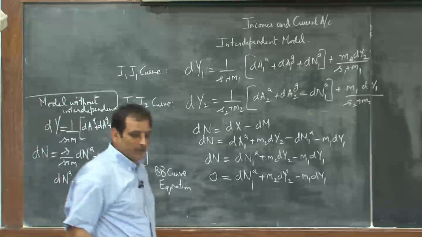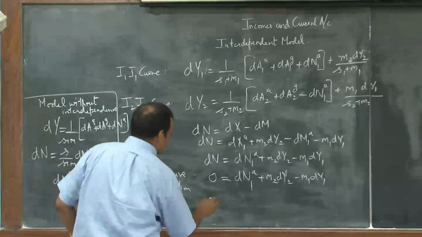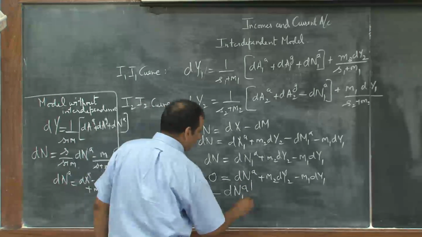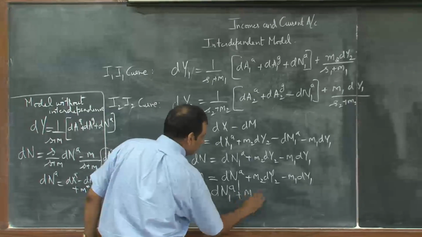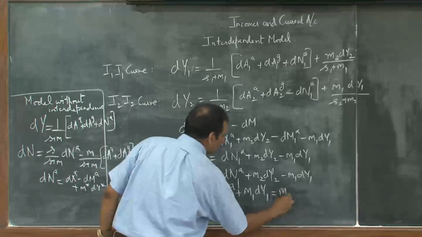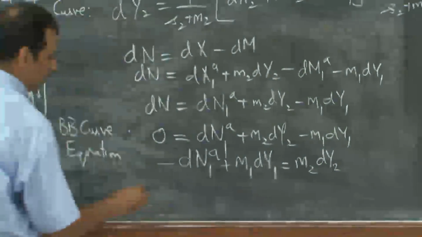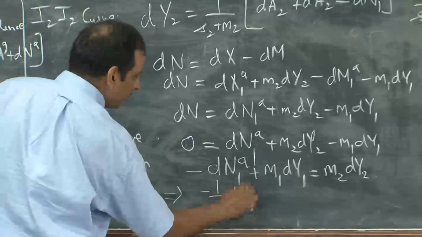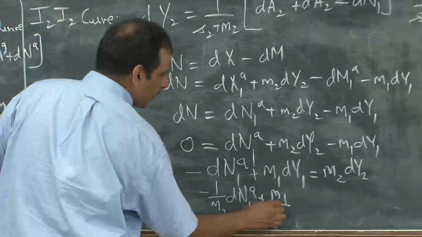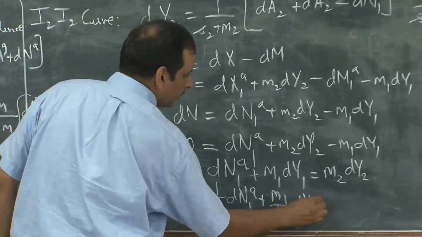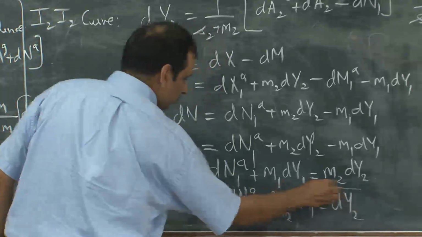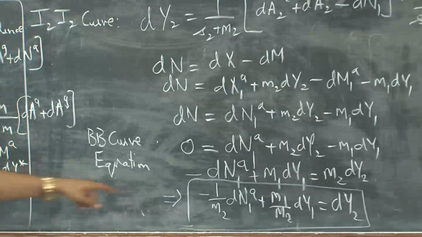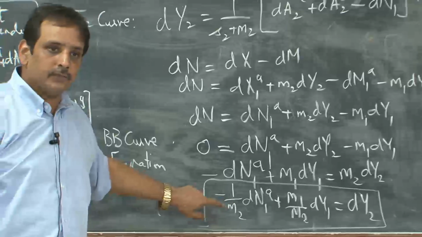So if you solve it further, you would get minus dN1A plus M1 dy1 is equal to M2 dy2. So dy2 is equal to minus 1 by M2 dN1A plus M1 by M2 dy1. So your BB curve is a reflection of this equation.